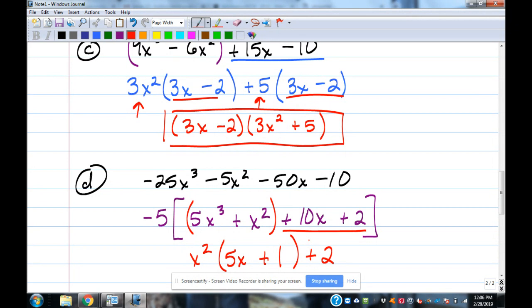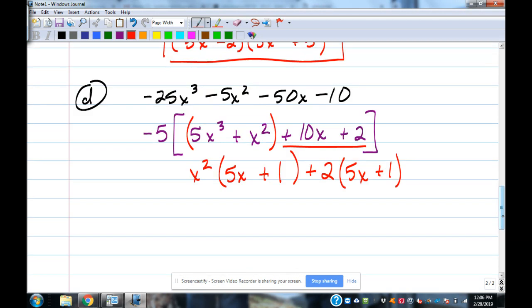Okay, so a 2, parentheses. What times this positive 2 gets me positive 10x? Positive 5x. What times 2 will give me the 2 back? A 1. Do those parentheses match? Yes, that means it factored. It means we did it right.